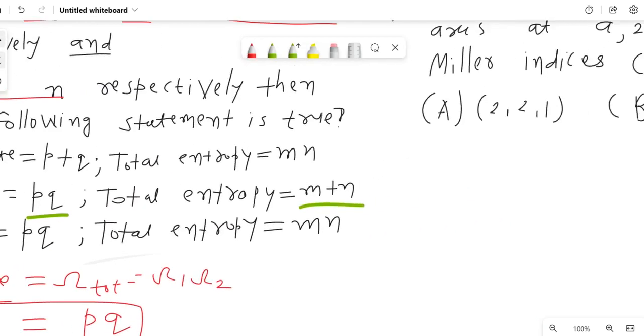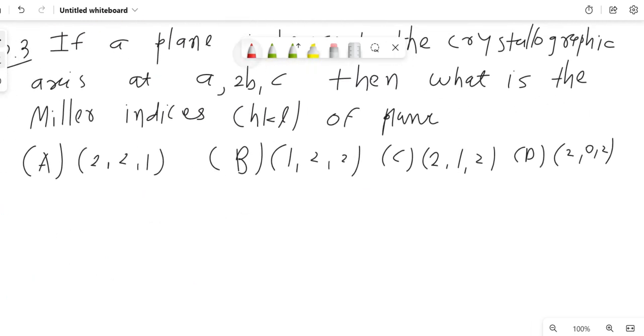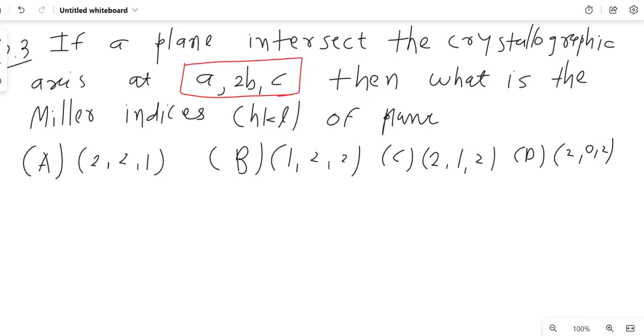Now the third question. This is from solid state physics, in which we are given that a plane intersects the crystallographic axes at A, 2B and C, and we are asked for the Miller indices. In order to find Miller indices, we have to follow a few steps, and the first step is to take the reciprocal.